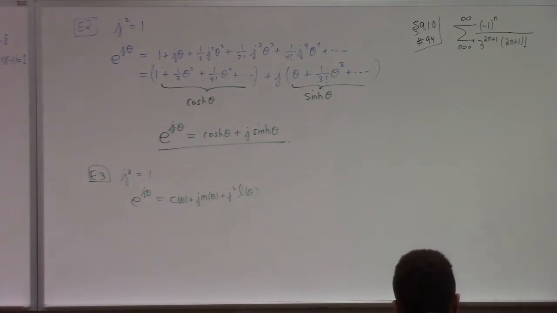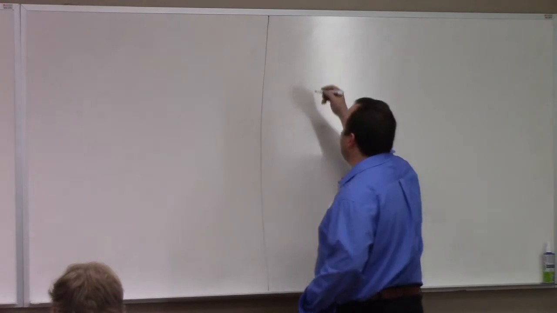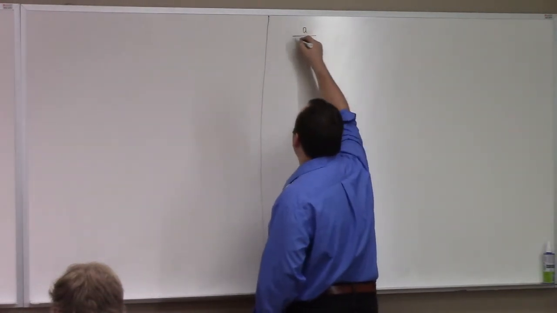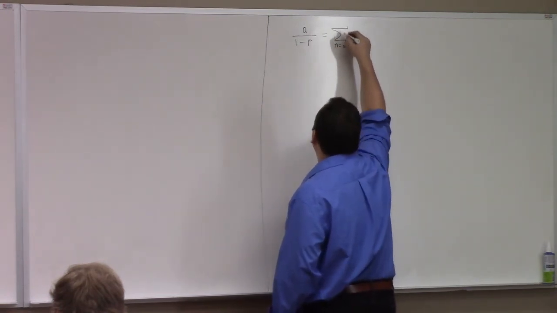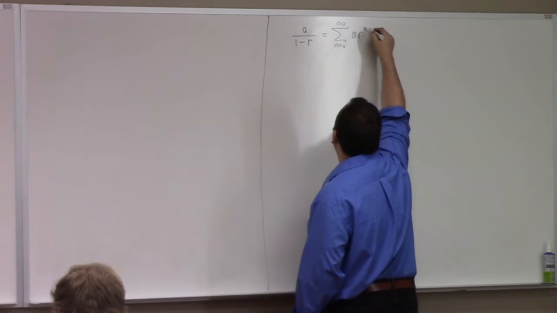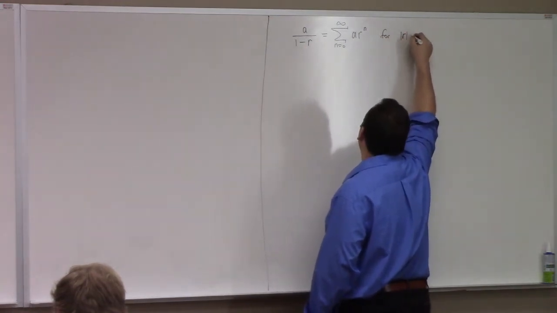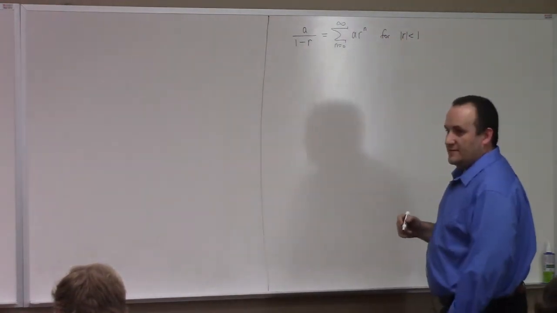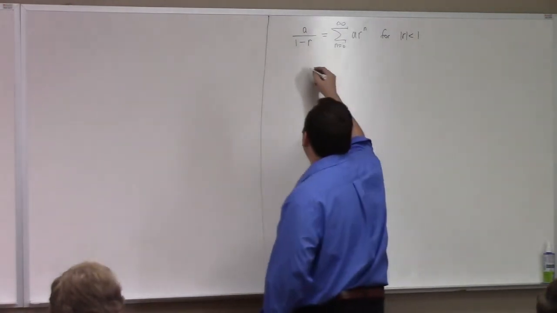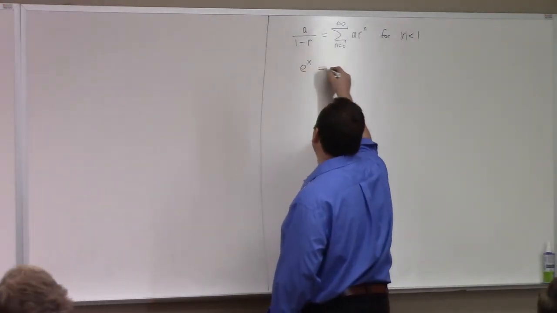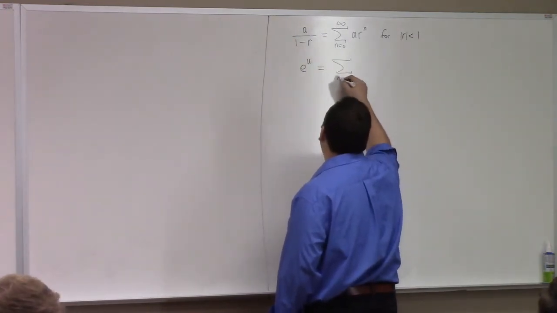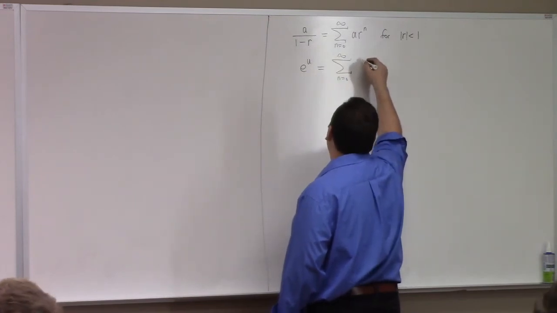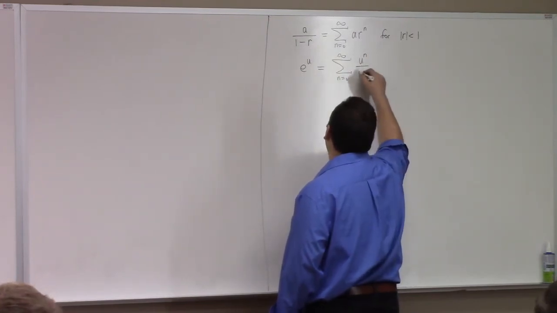So we probably should just scribble over here the things we know, because we need to know them, right? Chief among these is that a over 1 minus r is equal to the sum n equals 0 to infinity of a r to the n, for the absolute value of r being less than 1. This is important. Also important, e to the u is the sum n equals 0 to infinity of u to the n over n factorial.